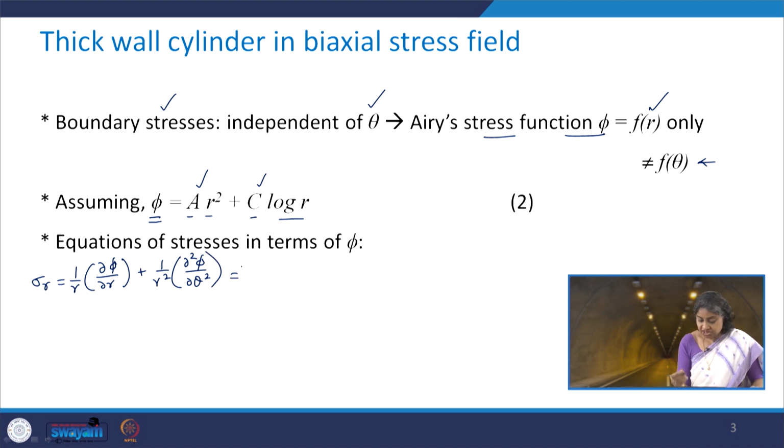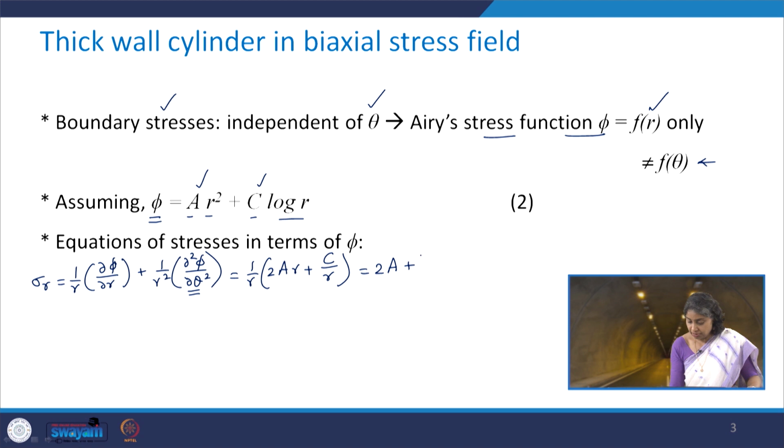Just differentiate equation number 2 with respect to r and you will get 2ar plus c upon r, and since phi is independent of theta, the second term will be equal to 0. So, all we will have is 2a plus c upon r square. Make this equation 3a.